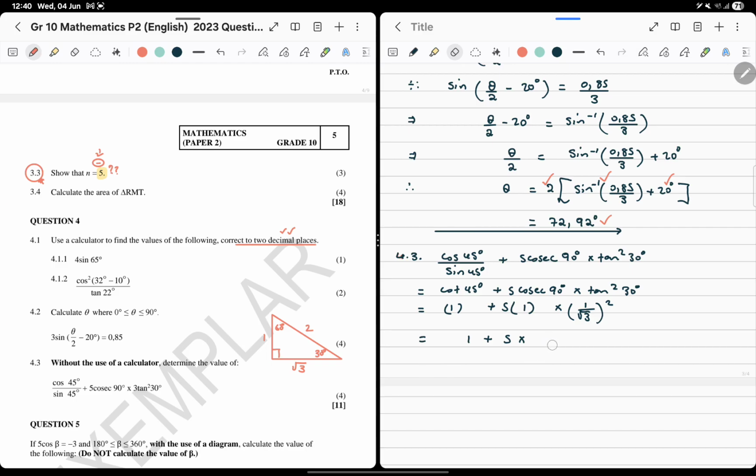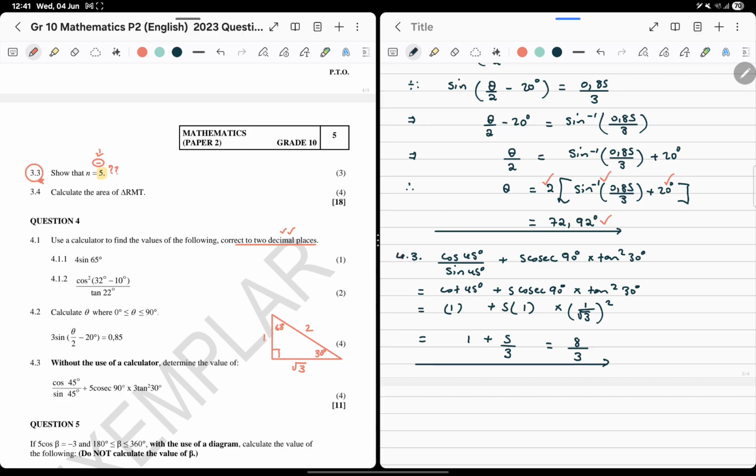I don't think so. So this is just going to be 5 over 3. Now multiply 3 there, that's 3 plus 5, that's 8. So this is going to be 8 over 3. Done.